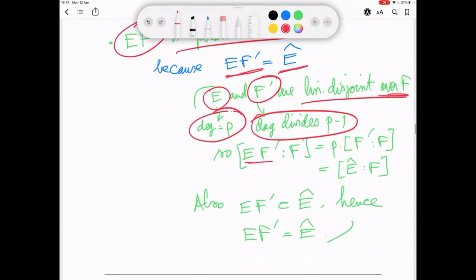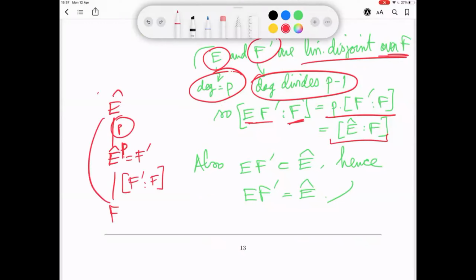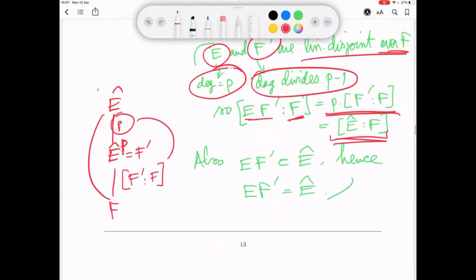So when I take their compositum, their degree is going to be the product of the two degrees, but that is also equal to the degree of E hat over F. The total degree is P times the degree of F prime over F. So this is contained in this, and they have the same degree, therefore they are equal.